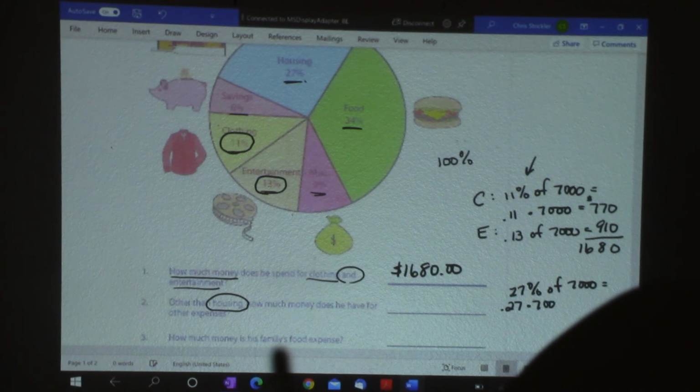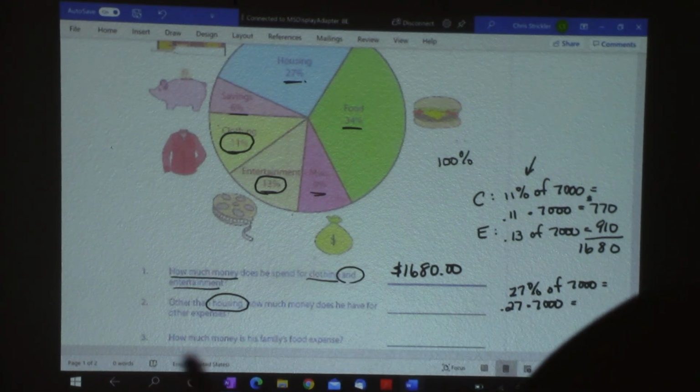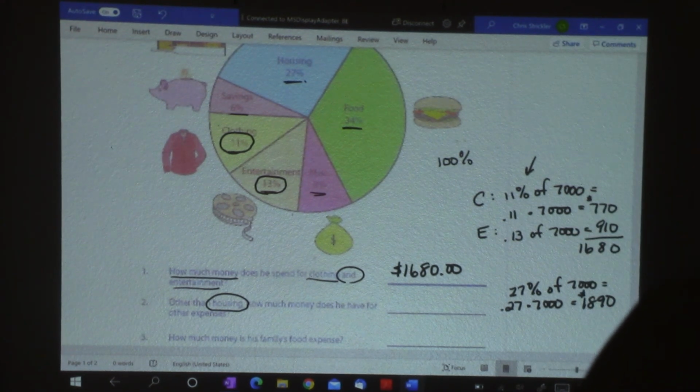When I figure that out, I get 0.27 times 7,000, and I get $1,890. That's a very cheap housing payment, but this was from a long time ago. So anyway, housing is $1,890.